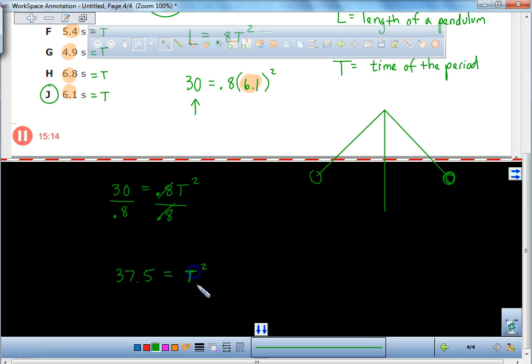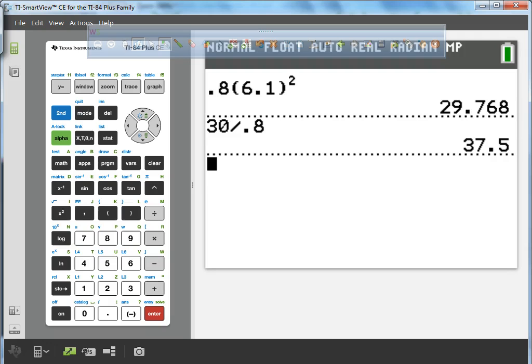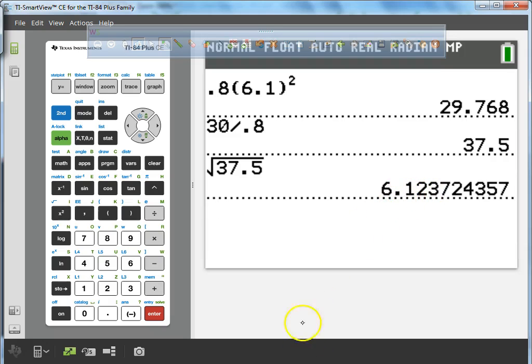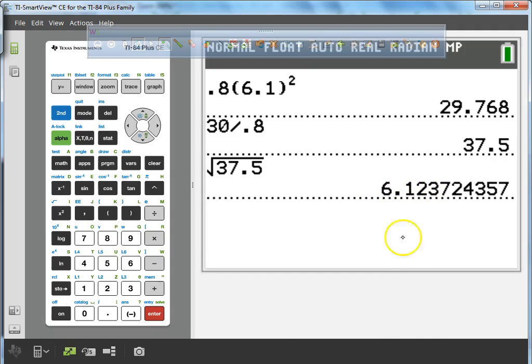So T squared. Now look at your calculators. What do you see attached to this x squared? What symbol is right there? Can you guys see it? That's the square root symbol. So look what happens. If I take the square root of 37.5, what do you get? 6.1.